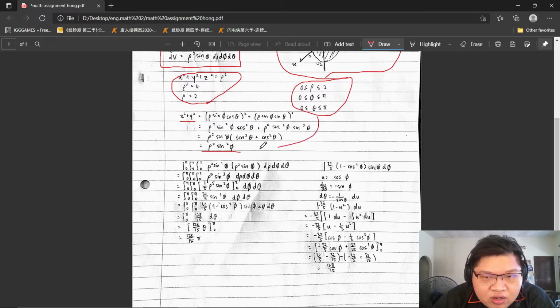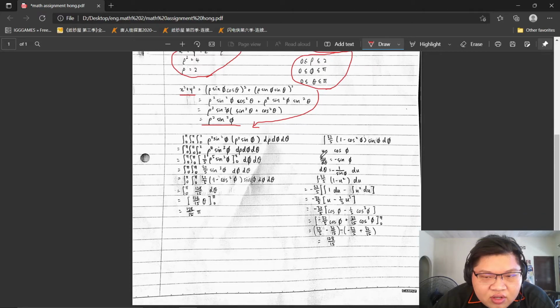Then we write down all the limits into the triple integral, and we can integrate all, where we use integration by parts, and then we get the final answer as 128 over 15 pi.